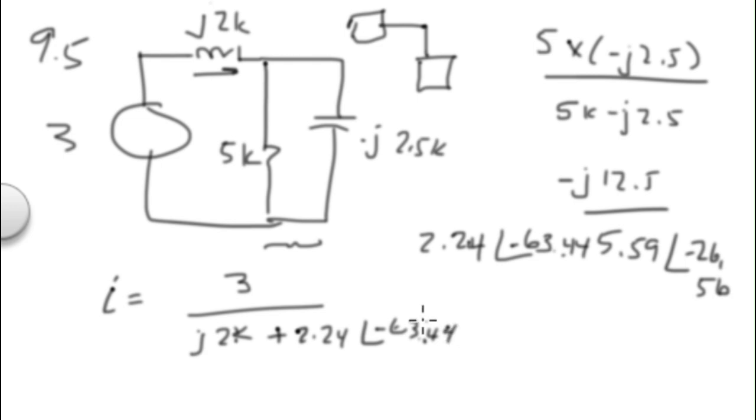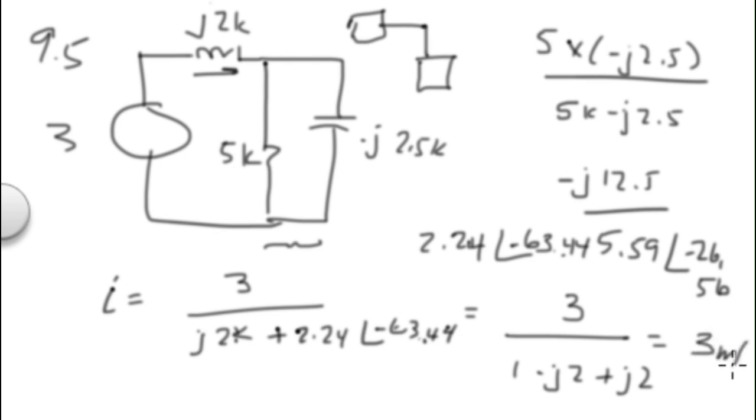We've got to convert this part to rectangular: 2.24 at minus 63.44 equals 1 minus J2. So this is 3 over 1 minus J2 plus J2, which is going to be equal to 3 milliamps.